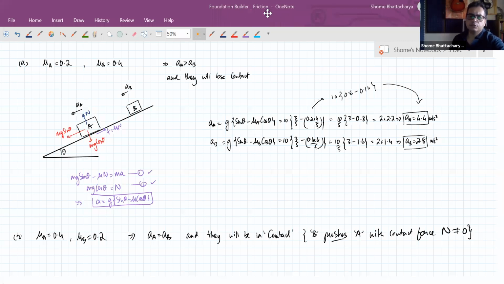Anybody else got the answer for part B? Kunj, your answer is correct, but anybody else has got the answer? And also the normal contact force. Achha, yeah, that's correct, Kunj.